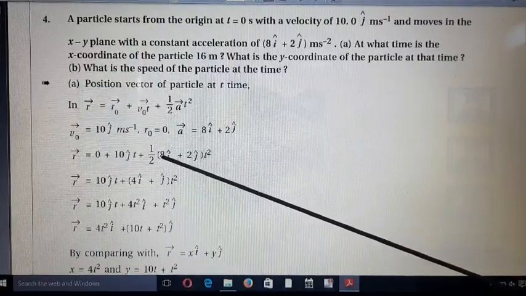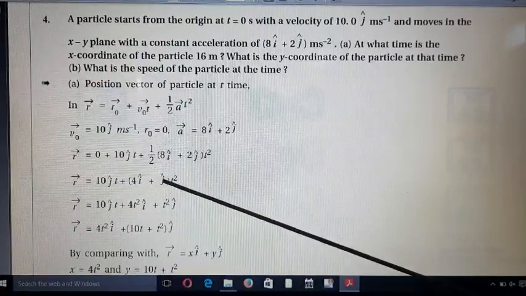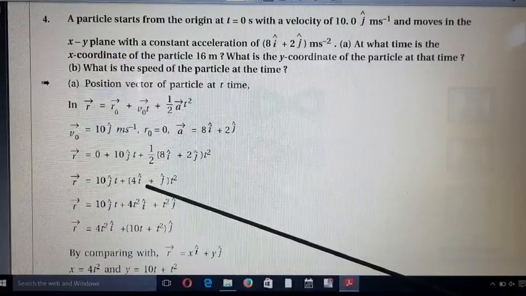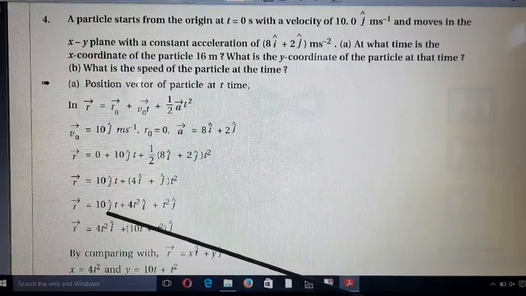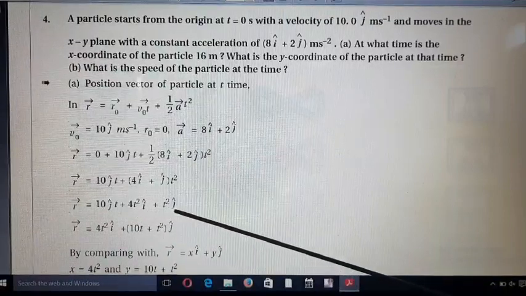Here 8 divided by 2 means 4 i caret, 2 divided by 2 means 1 j caret, times t square. So we get 10t j caret plus 4t square i caret plus t square j caret.